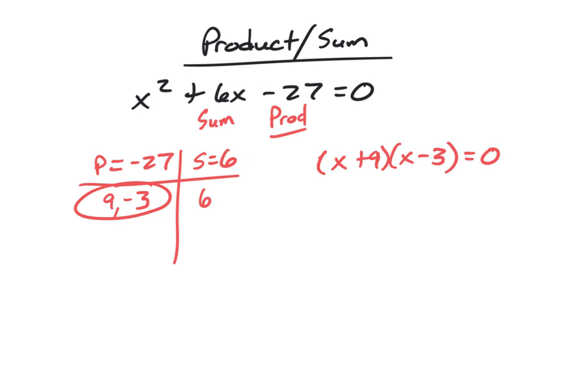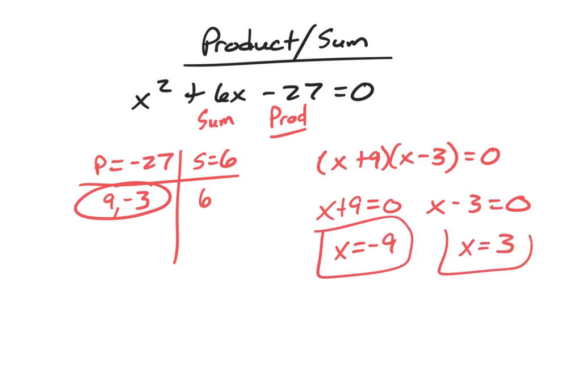These are our factors. That's what you have to understand. Because now I have to take my two factors and set them both equal to 0. And we would get -9 and +3. And those are our two solutions.